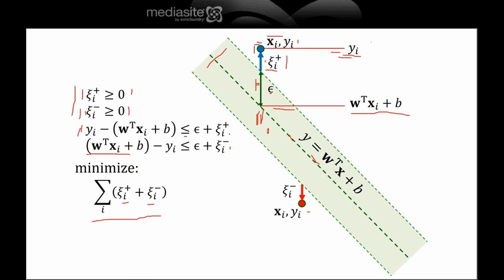This is yi, which is more than w transpose xi plus b. So yi minus w transpose xi plus b is less than or equal to epsilon plus zeta i plus. And likewise, for the red point, which is below the tolerance zone, this expression holds.